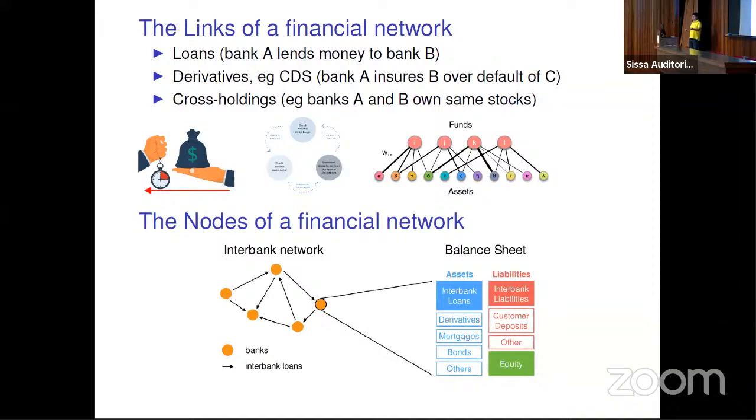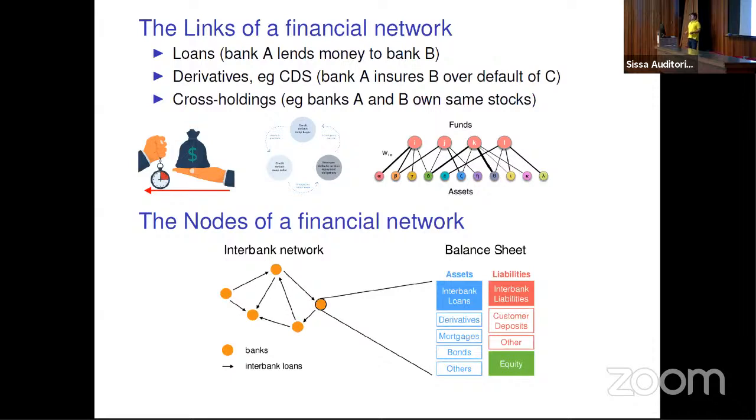But you can have more complex interactions like credit default swaps, where a bank A buys an insurance from bank B over the default of bank C. So you see, this is a three-body interaction. Or you can have indirect interaction arising from the correlation of portfolios, for instance. So, many kinds of links. In this talk, we will just focus on the simplest situation of direct loans.